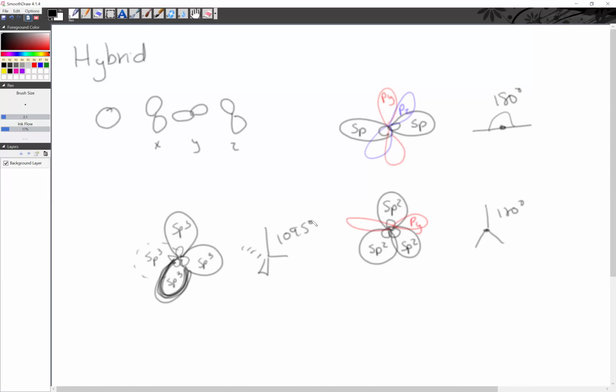The multiple bonds have to have atomic orbitals, and I like to call it interact rather than overlap. And that is going to be another video.